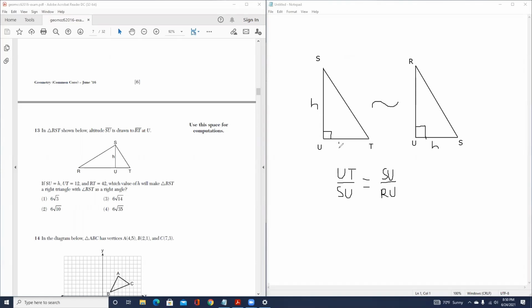So UT is 12 and RT is 42. That must make the length of RU 30, because 30 plus 12 equals 42.